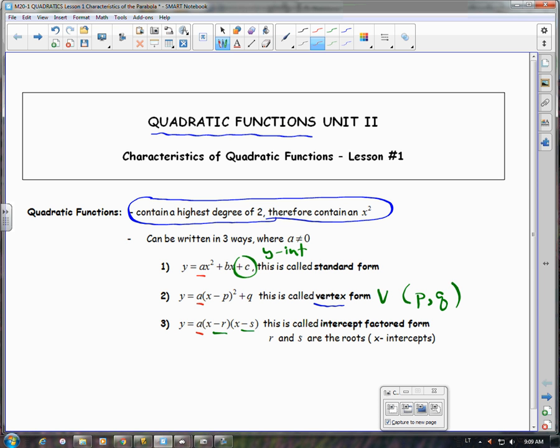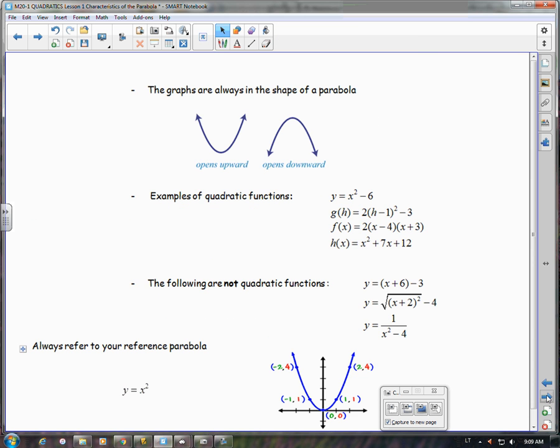This is what it represents. This is what it tells me. The c value, okay, we know, represents the y-intercept. The p and q value, we will learn that it represents a certain part of the quadratic function. And the r and the s, they tell us where the 2 x-intercepts are. So we're going to do a lot more exploring of that as we go throughout this unit.